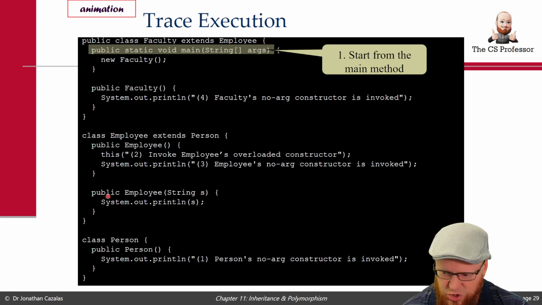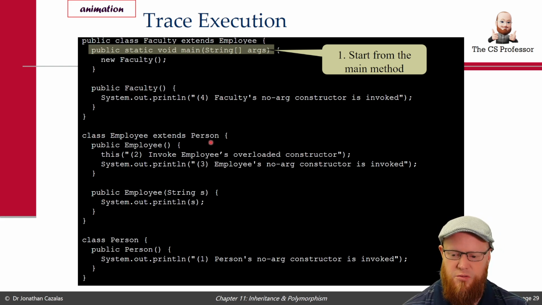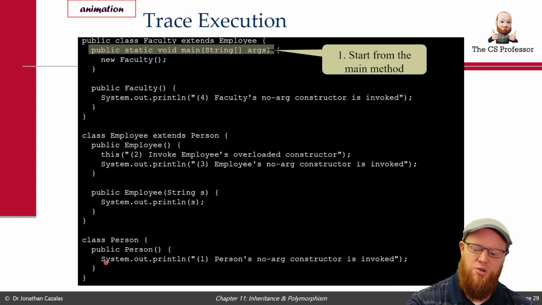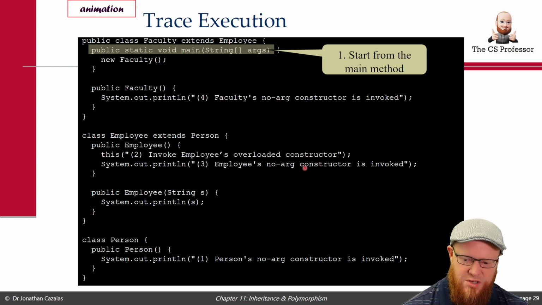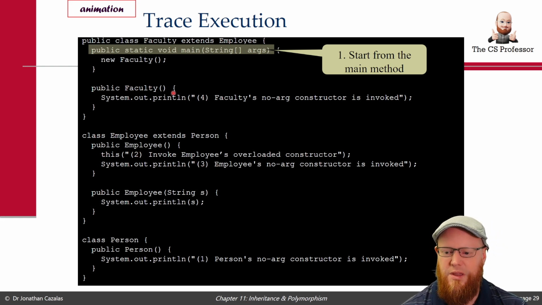And we really have a super right here, which is calling employee's superclass constructor, which is going to bring us to person, the default constructor of person. Really, there's a super here, which brings us over to object's constructor. When that's all done, I print this one. Then I come back to here. I print this string, which was really this string right here with the 2. When that's done, I print this string with the 3. And when that's done, I finally then print the faculty.